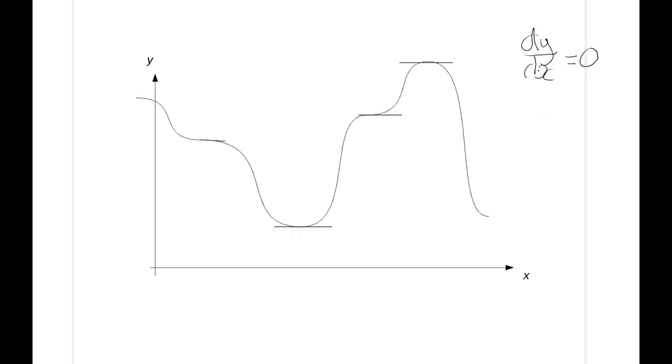Okay, and we give these names. So this one here is known as a maxima. Okay, this one here is known as, not very imaginatively, a minima, like a small Italian mother.